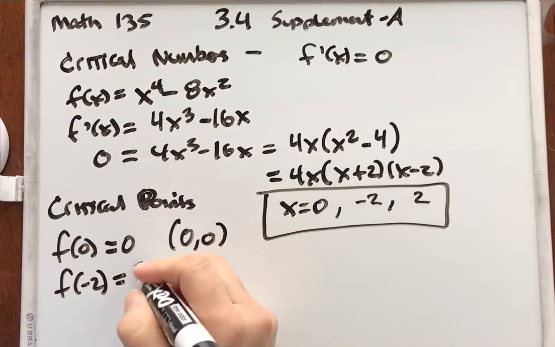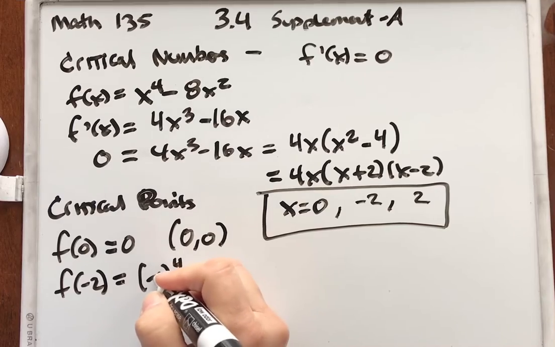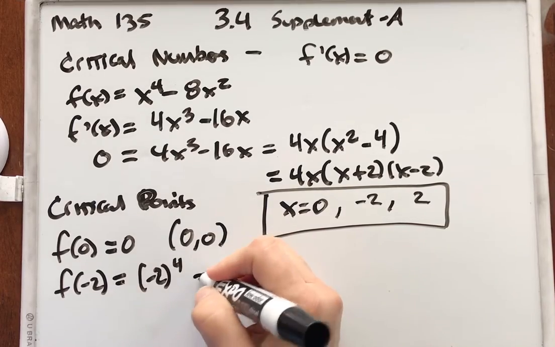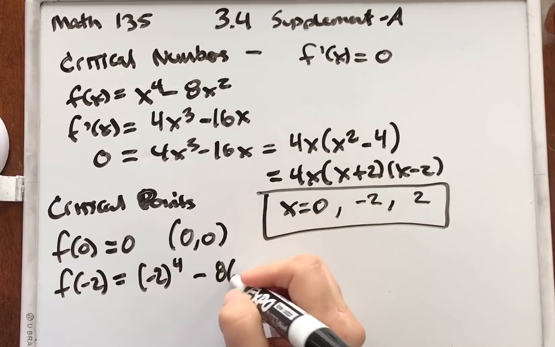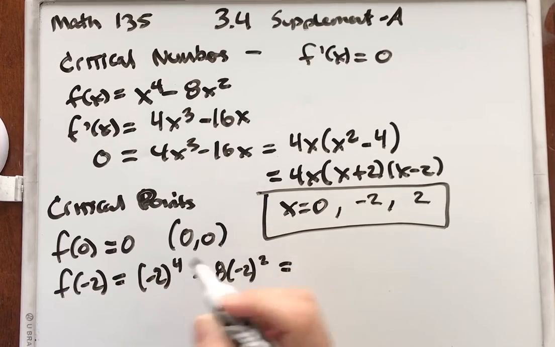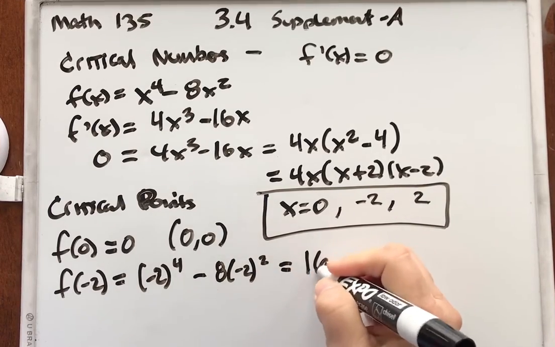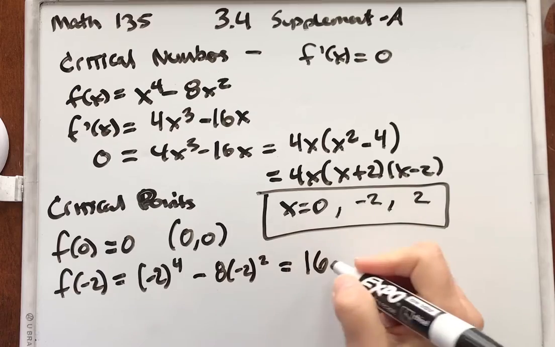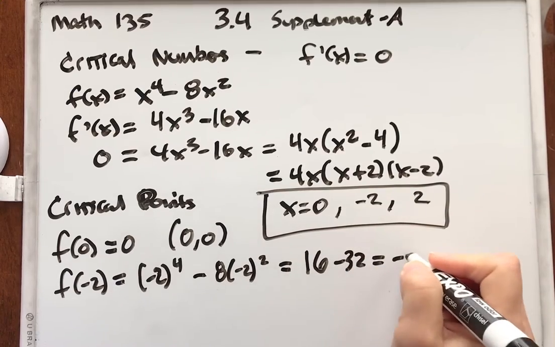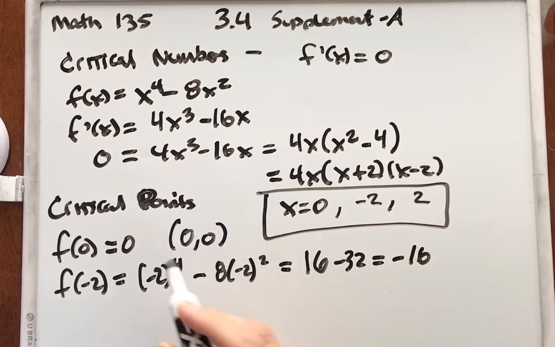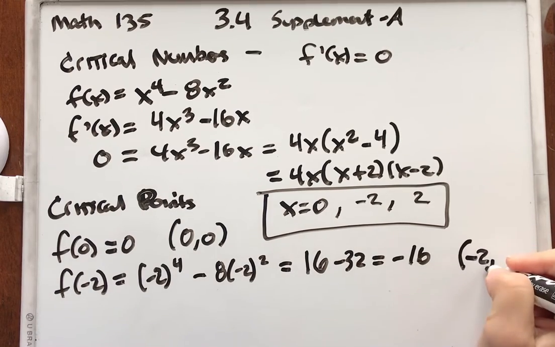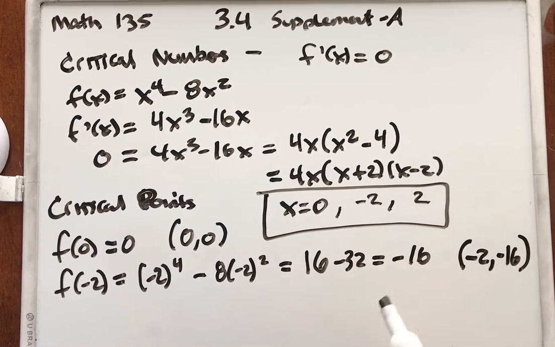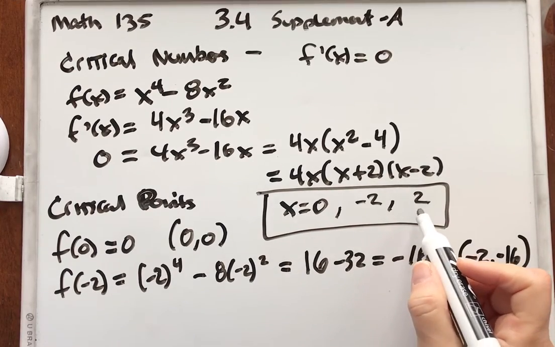We put a negative 2 into our x to the fourth, and we put a negative 2 here. This is going to equal 16. This is going to equal negative 32. So we have negative 16. So our critical point for f of negative 2 is negative 2 as our input and negative 16 as our output. All right, let's do one more. So our critical number is 2.